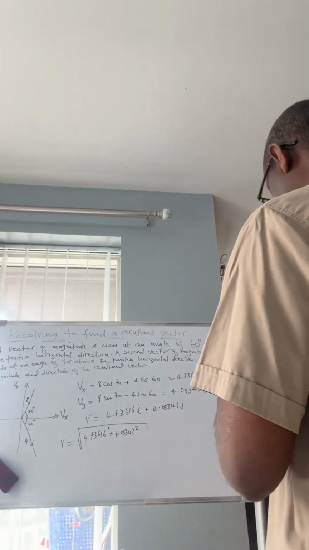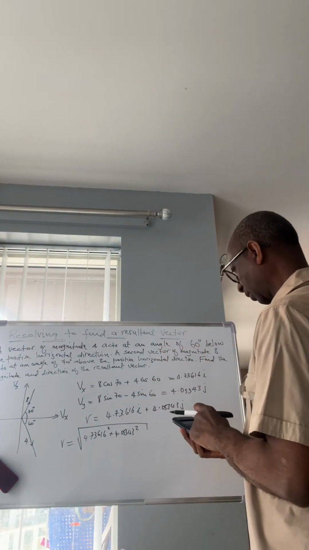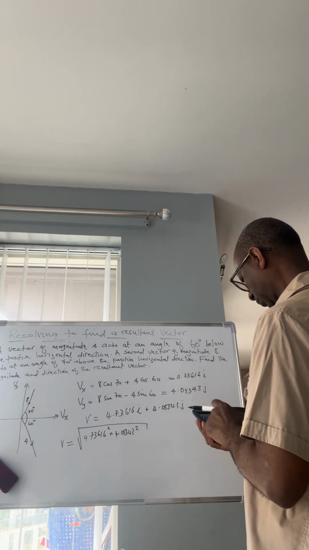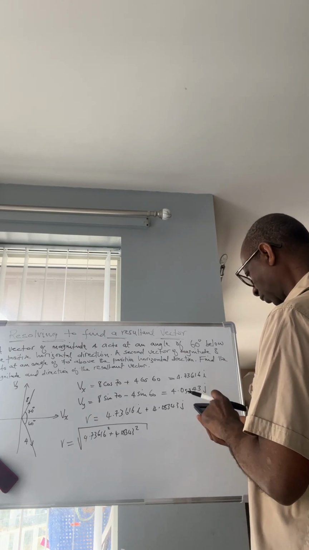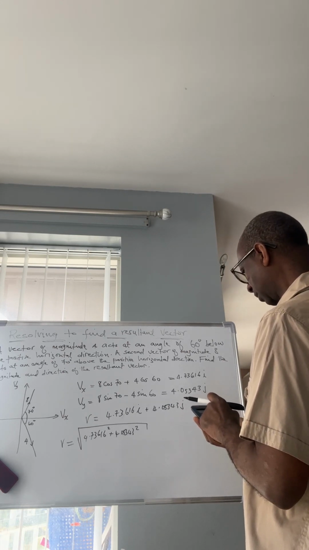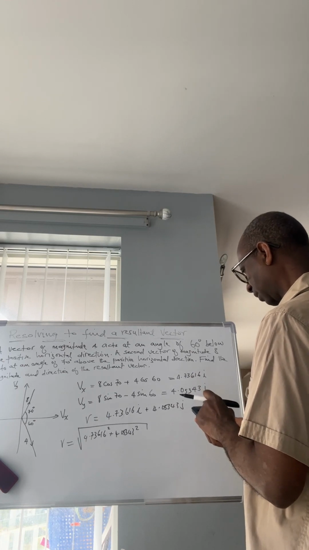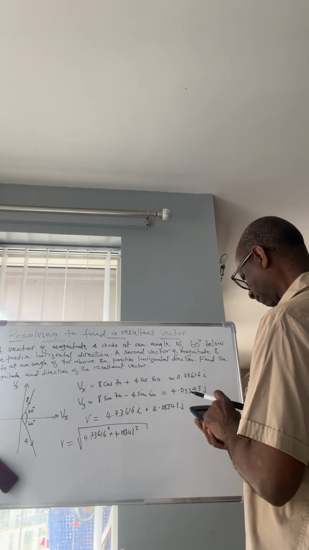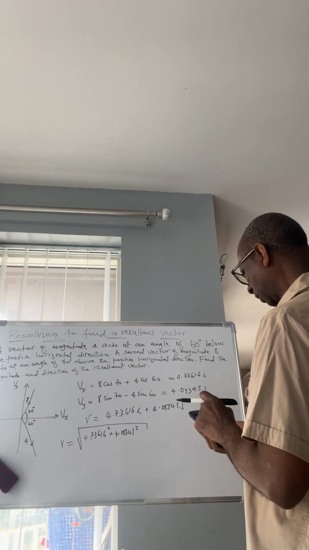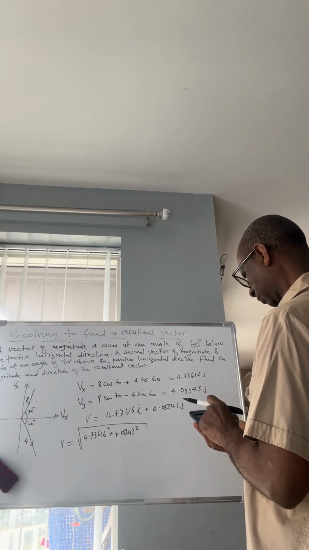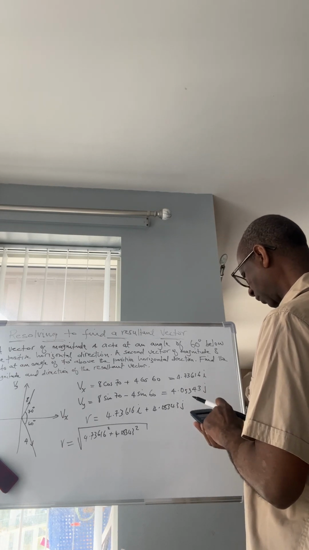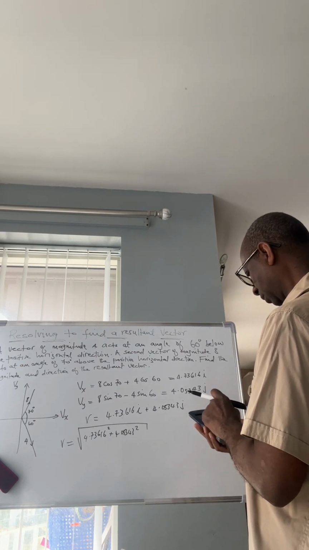Again, let's do that. I'm going to do the square root of 4.73616 squared plus 4.05343 squared.